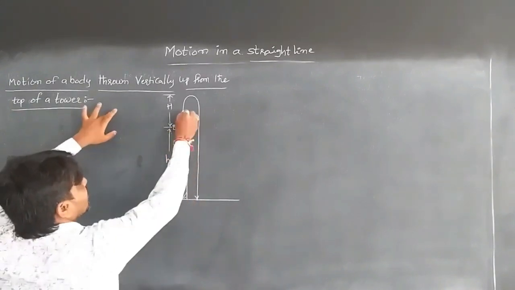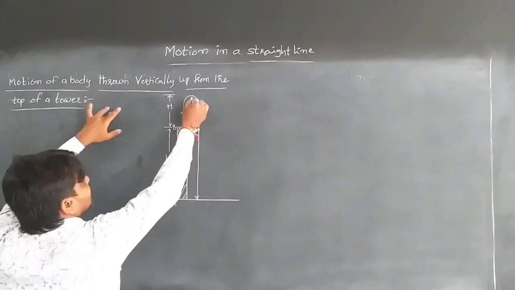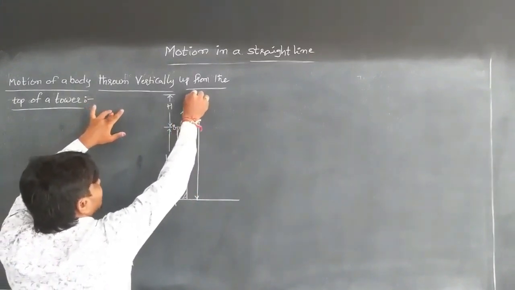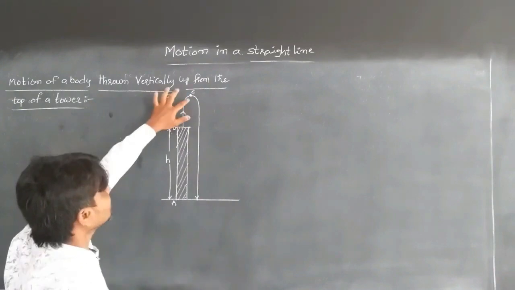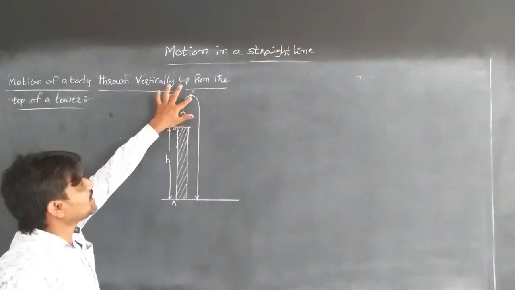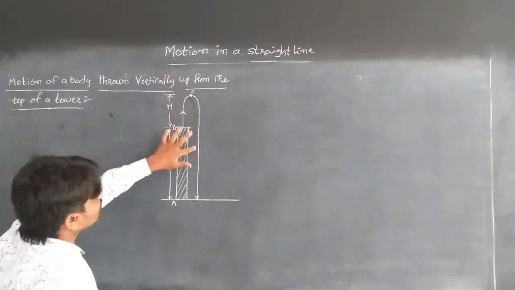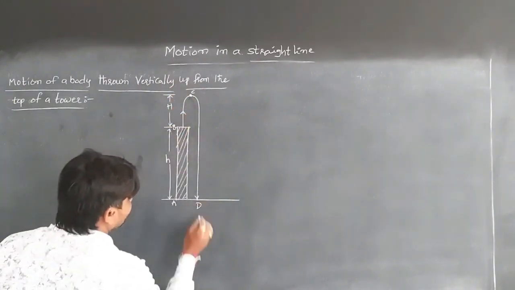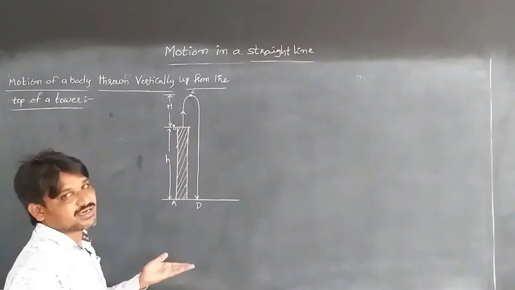From this tower, a body is projected vertically upwards to reach its maximum height C, and after reaching the point C, the body starts falling in the downward direction and reaches the foot of the tower.